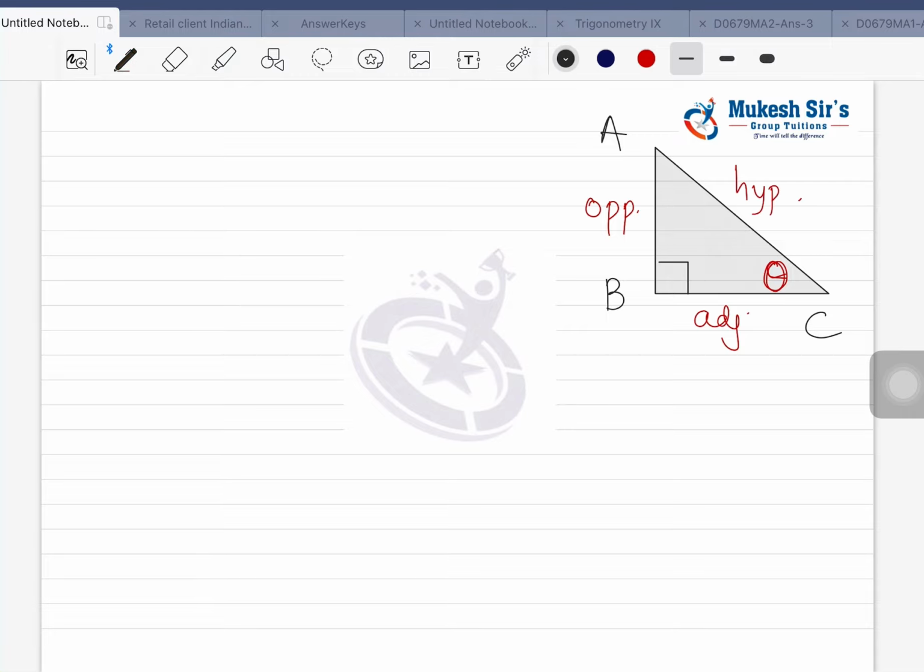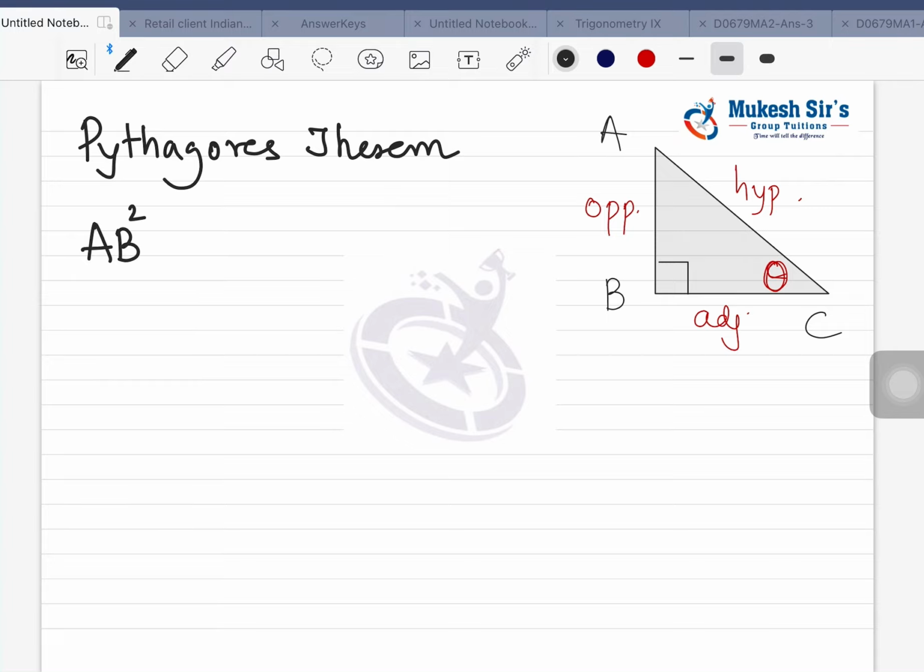Now what if I use Pythagoras theorem in this triangle? What do I get? AB square plus BC square is equal to AC square. Okay. Then I'll write dividing throughout by AC square.